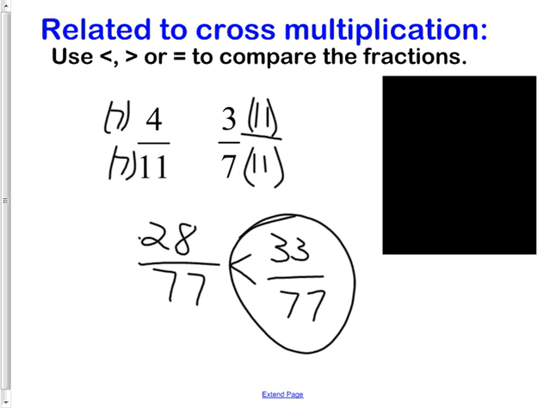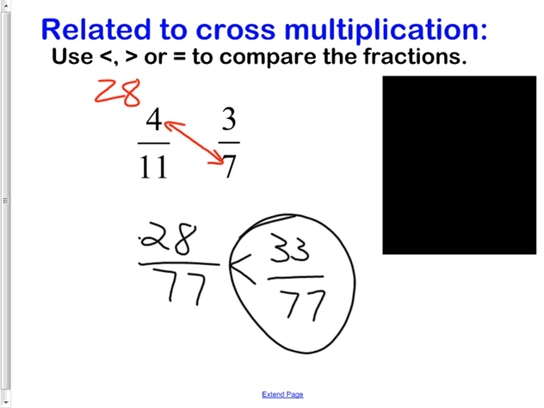So what can you say about cross multiplying and finding a common denominator? Once you cross multiply, you'll have 28 and 33, and then the denominator is this times this.